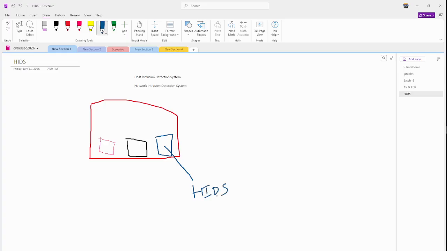So this is your AV, this is your EDR. So why do you need host intrusion detection?